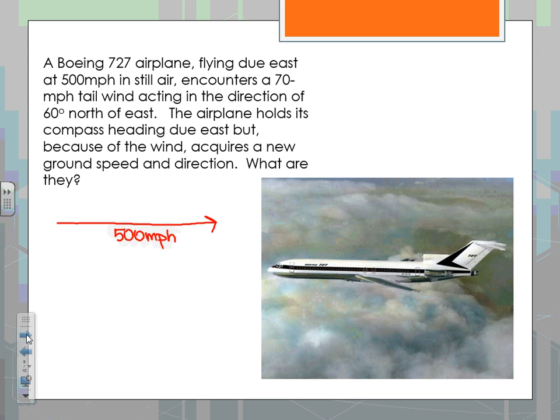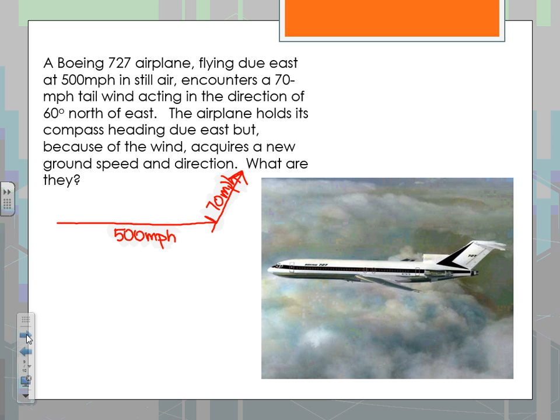There is a wind, 60 degrees north of the east. So as he's flying, there's this wind acting on him. So 60 degrees north of east, like this. And this is 60 degrees and it has 70 miles per hour.